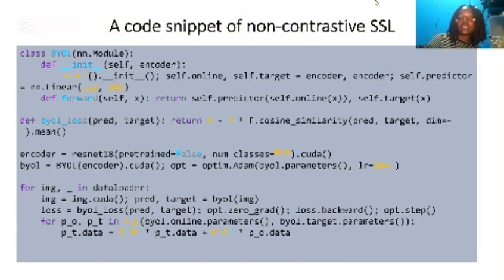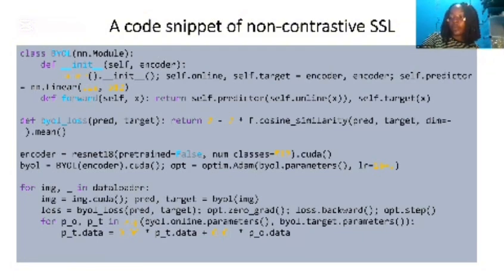Then self.target is a slow-moving copy of the online network, which helps to stabilize the training. Then we have the predictor MLP, the self.predictor. It's applied only to the online network, and it helps prevent model collapse.